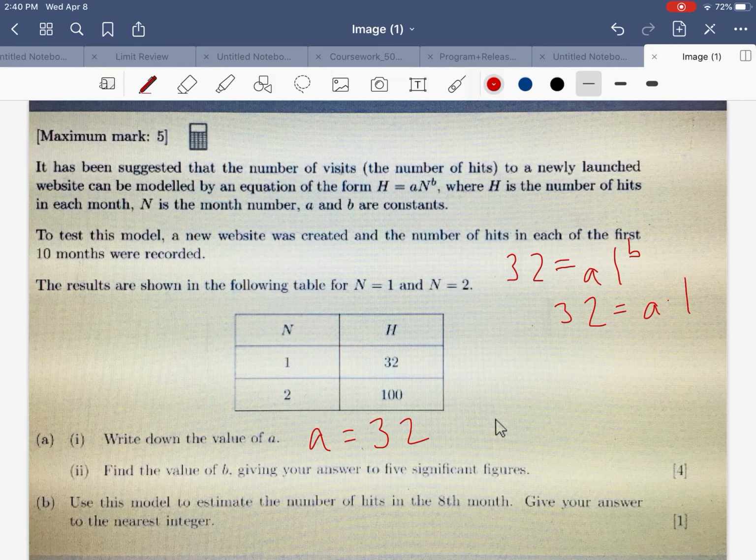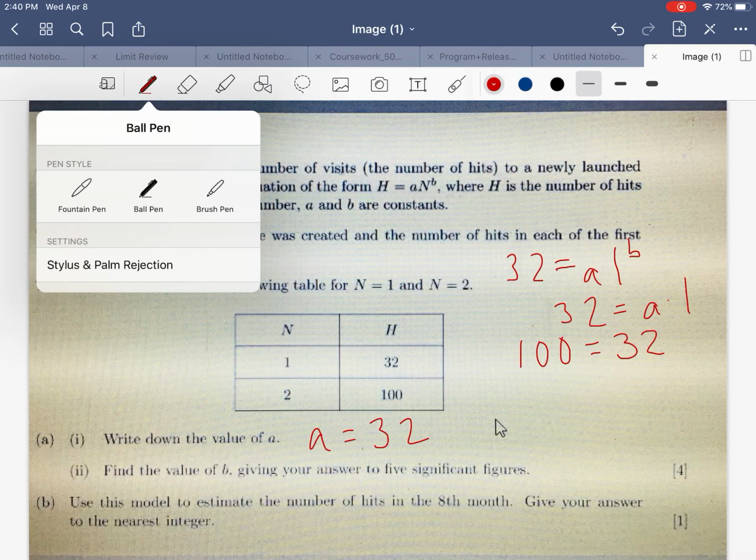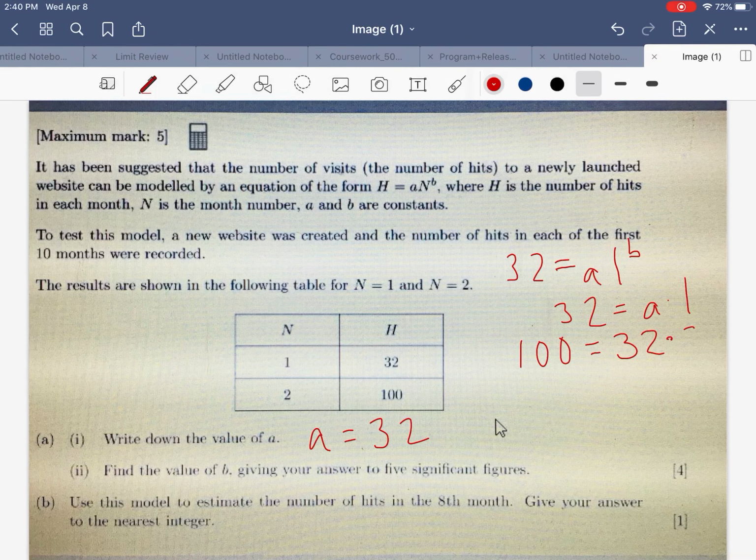Then it says find the value of b, giving your answer in 5 significant figures. So we can use the second one to find b. So we have 100 is equal to a, which is 32, times 2 to the power of b.